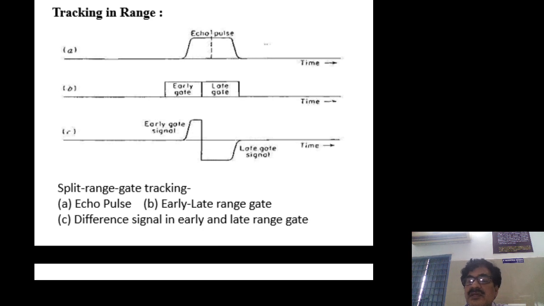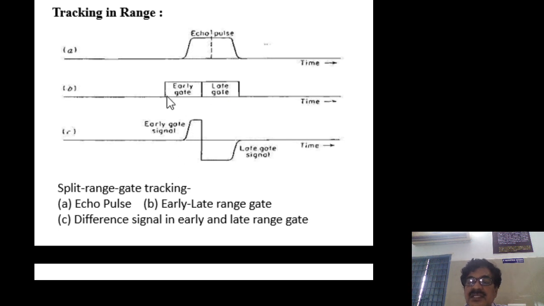This is the idea of how range tracking can be done, but the block diagram of the circuit is not shown here, just the idea. Here figure A is the echo pulse, and figure B is the early gate and late gate timings.